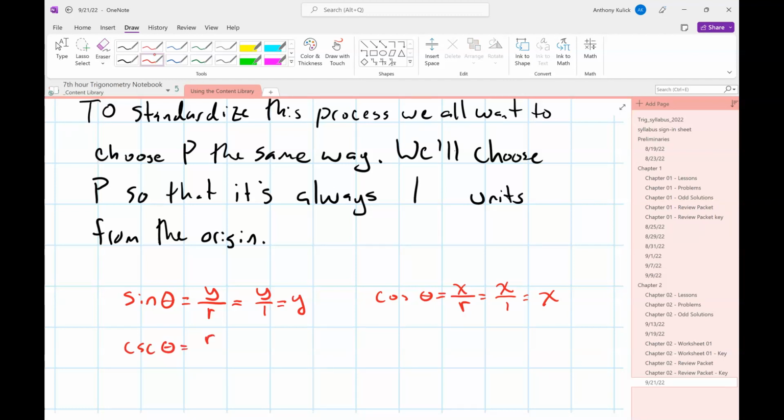Cosecant theta, which was r over y, now becomes 1 over y. Secant, which was r over x, now becomes 1 over x. But remember, tangent was y over x. That doesn't change at all. And similarly, cotangent was x over y, so that doesn't change at all. Is everybody okay with this update?